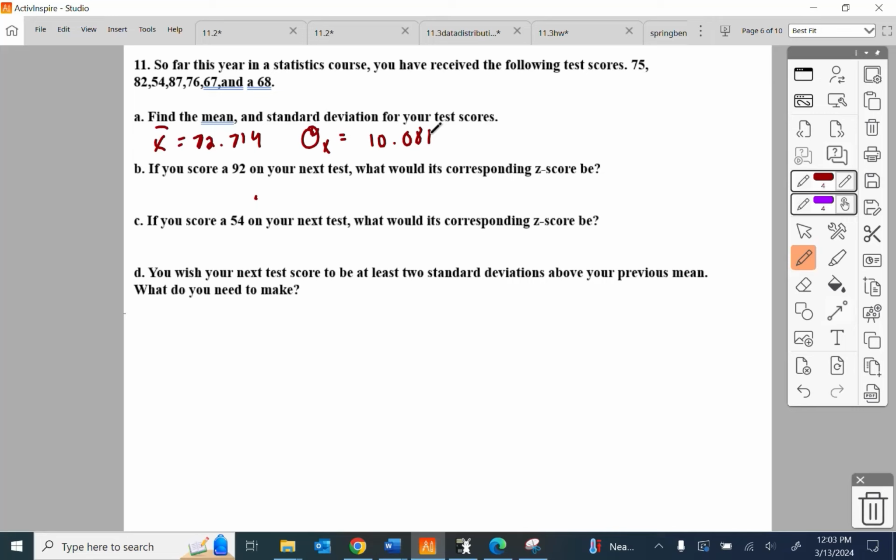Now, if you score a 92 on your next test, what would its corresponding z-score be? A z-score is going to be your result, take away the mean, divided by the standard deviation. So if you score a 92, your result would be 92. You're going to take away the mean of 72.714. You're going to divide it by that 10.081.